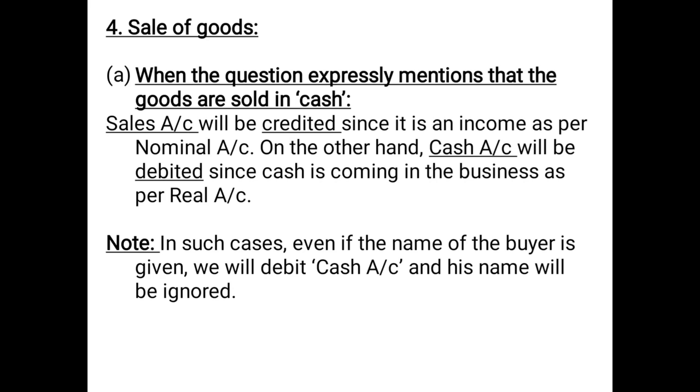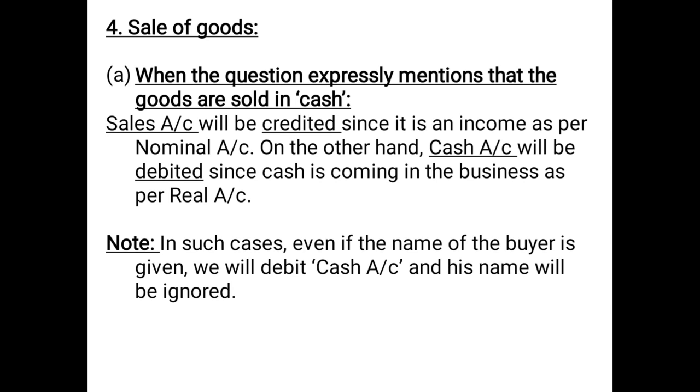So beginning from here, sales account will be credited since it is an income as per nominal account. On the other hand, cash account will be debited since cash is coming into the business as per real account. And a very important point, children, which we have already discussed many times. Note, in such cases, even if the name of the buyer is given, we will debit cash account and his name will be ignored.